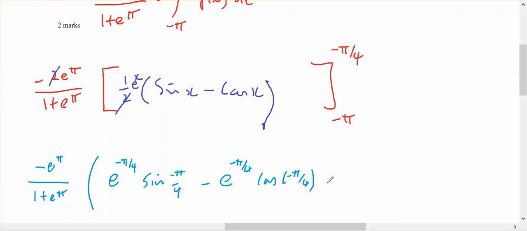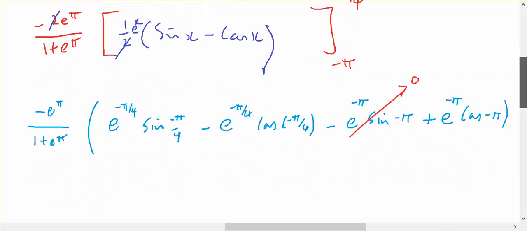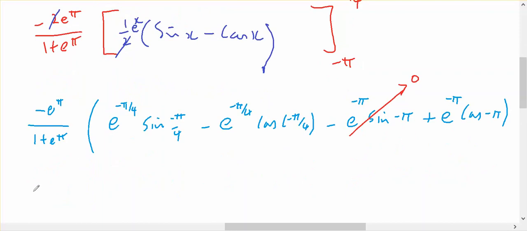Putting in the negative, I'm going to minus e to the minus pi sine of minus pi, then minus minus plus e to the minus pi cos of minus pi. That goes to 0. I'm now going to have minus e to the pi over 1 plus e to the pi.